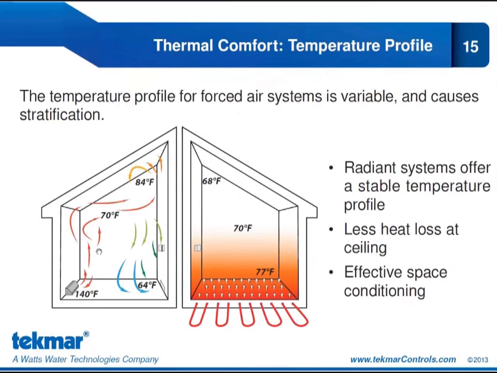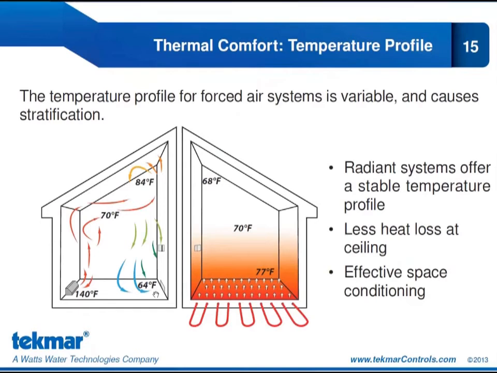So you can see as it moves up, at this point in the room, the air temperature would be about 70 degrees. The hottest point is going to be at the ceiling at 84, and the air will get cooler as we move down. So the air close to the floor would be about 64 degrees in this example.